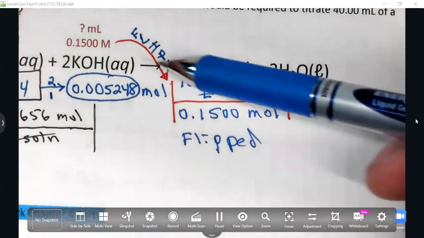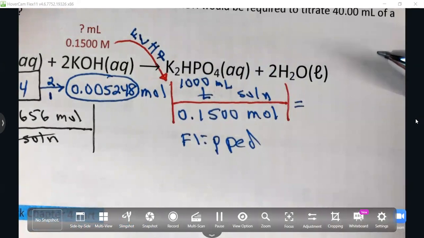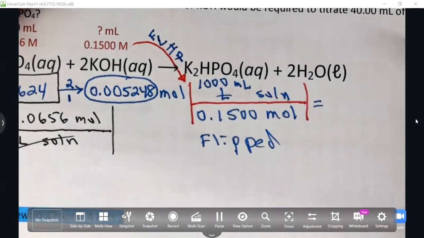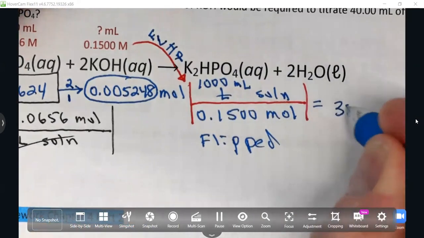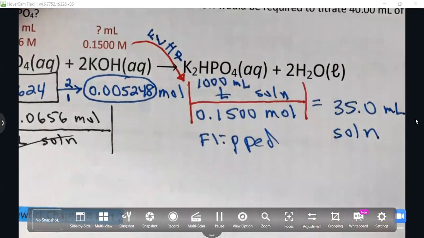And if we do that, we crank that through, we're going to end up with 5.248 divided by 0.15, 35 milliliters. So this comes out to be 35.0 milliliters of solution.